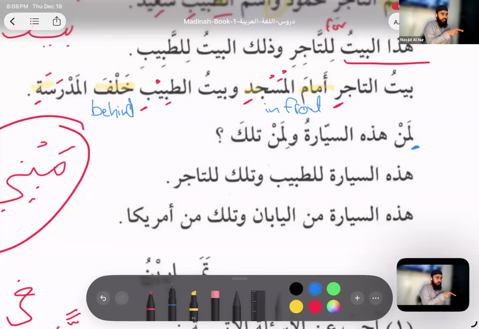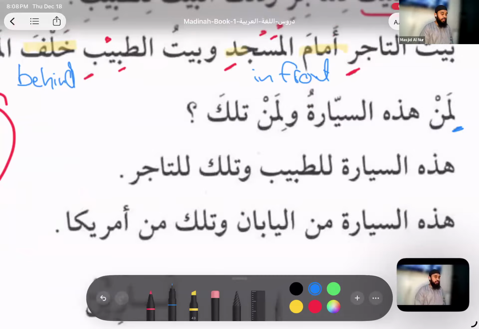If I were ever to give you this in Arabic class, وَذَلِكَ لِلتَّاجِرِ, correct the sentence, and you say this is the correct sentence, no, it's not correct. It has to be tilka because we're talking about sayyara. وَتِلْكَ لِلتَّاجِرِ, and that is for the merchant, the businessman.